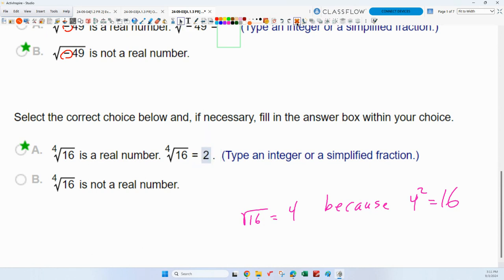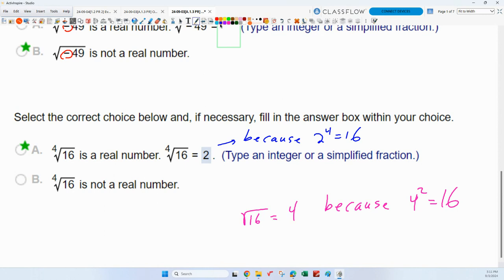Why? Because 2 to the 4th is 16. Everybody see the connection there? Okay. This is the answer because 2 to the 4th equals 16, right?